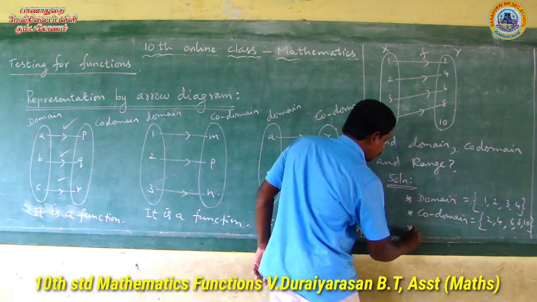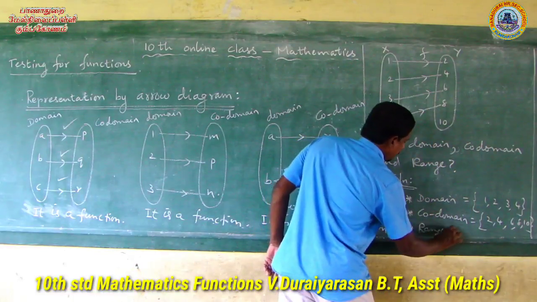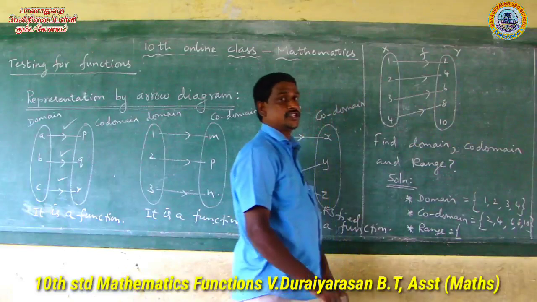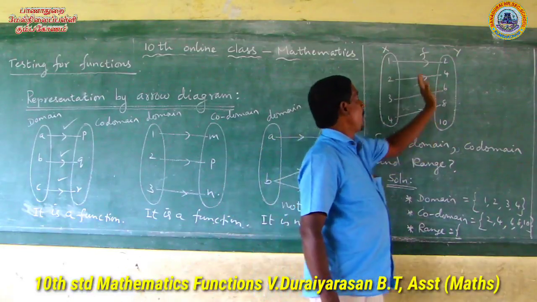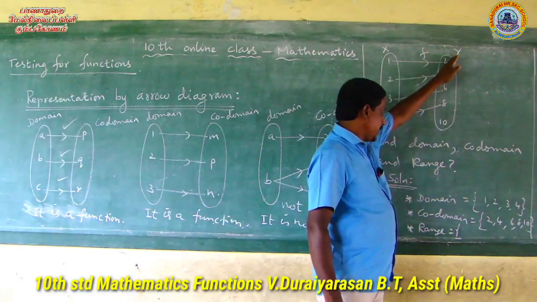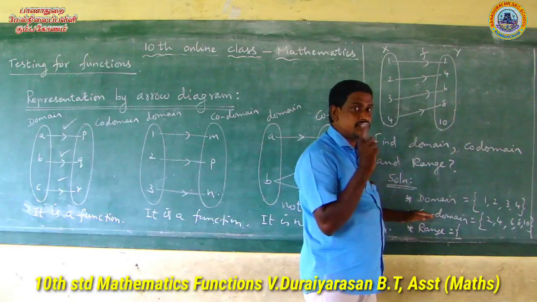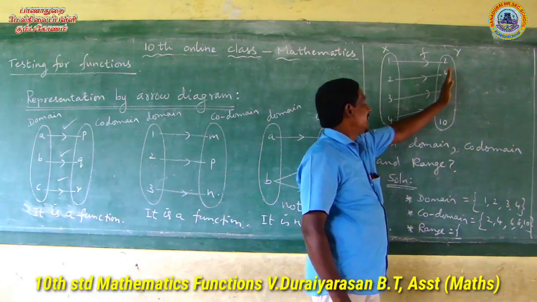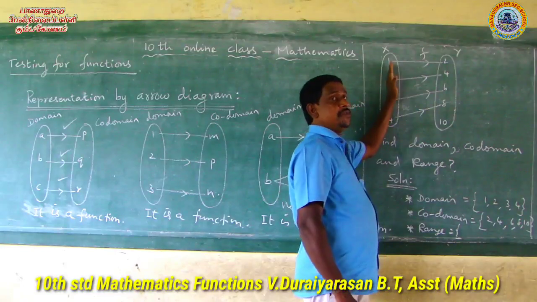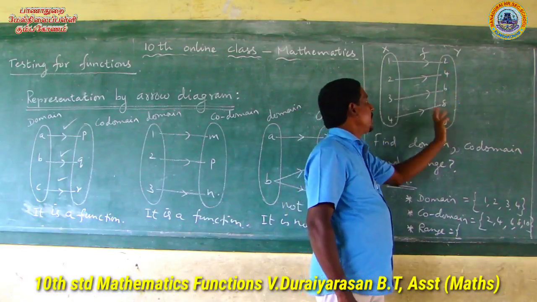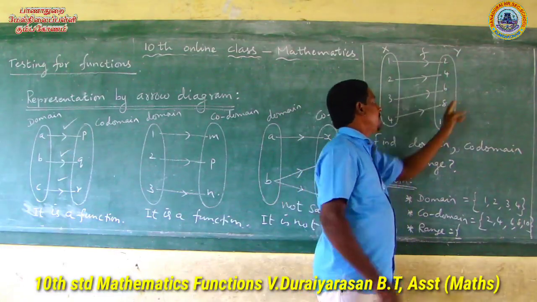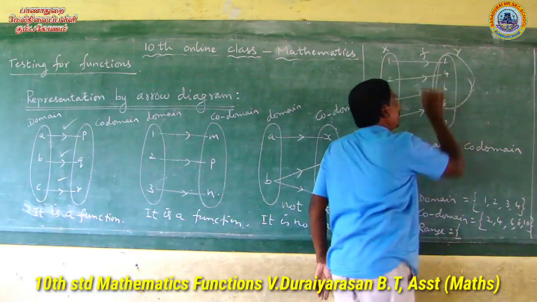What is the range? The set of all elements of Y is called the codomain, but only the elements connected with a pre-image are called the range.